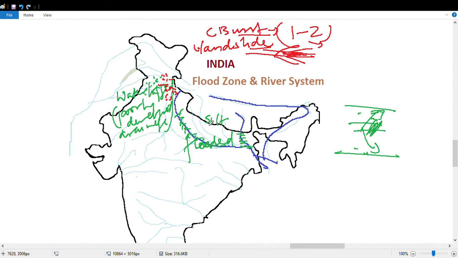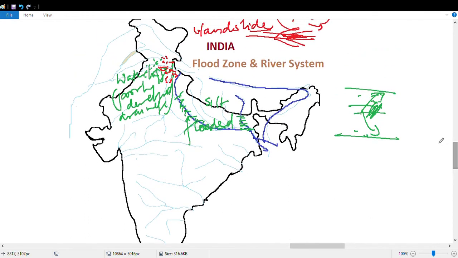Then one of the other reasons, if we talk about the river system or the drainage system, is that this part, the Brahmaputra part, has meandering.